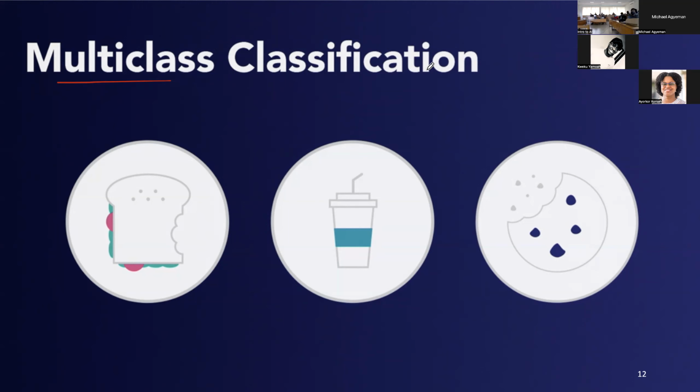We want to look at food items, but in this particular case, we want to classify them based on several predefined categories. Some of the predefined categories can be sandwich, or a drink, or cookies or bakeries or biscuits, or whichever works.